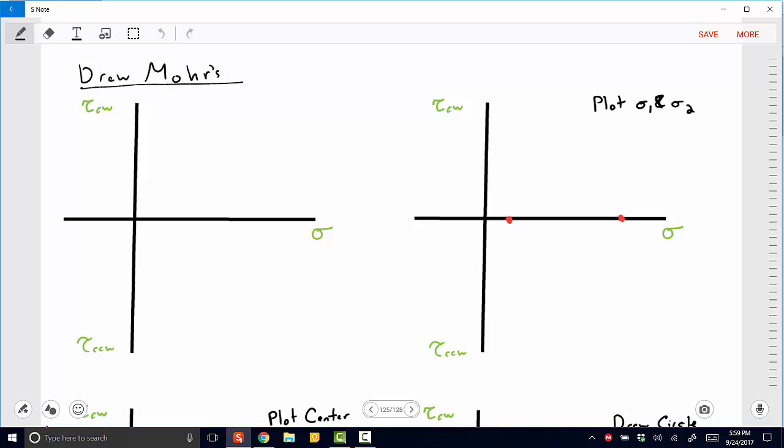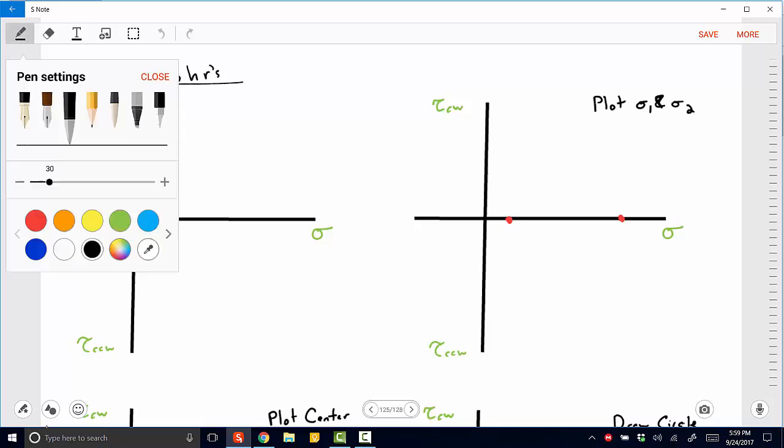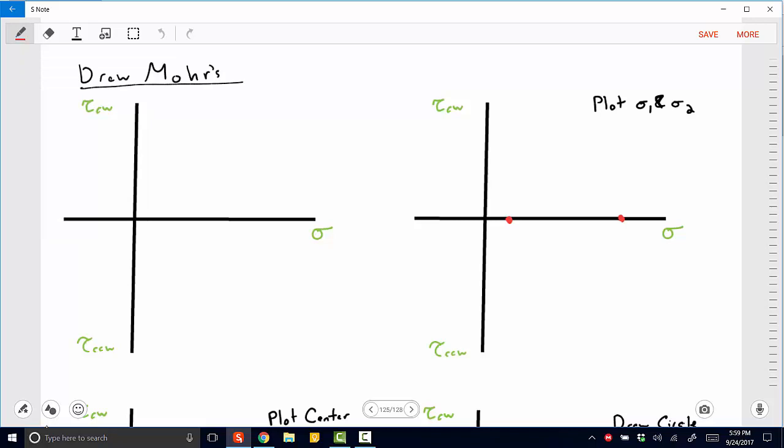What I like to do is start with plotting the principal stresses, finding them using our equation and plotting their locations, because I know that for principal stresses, the shear is equal to 0.